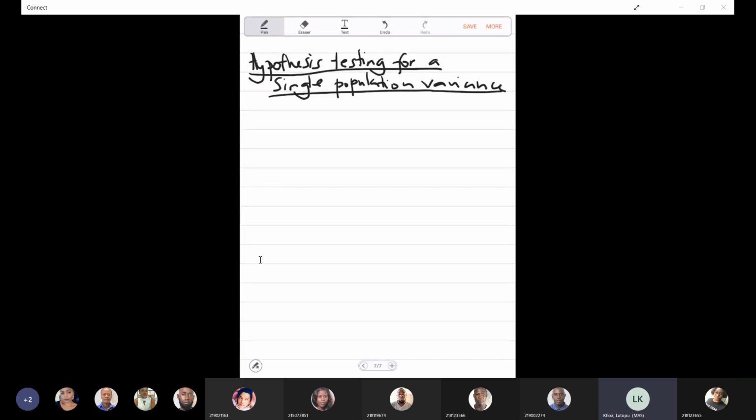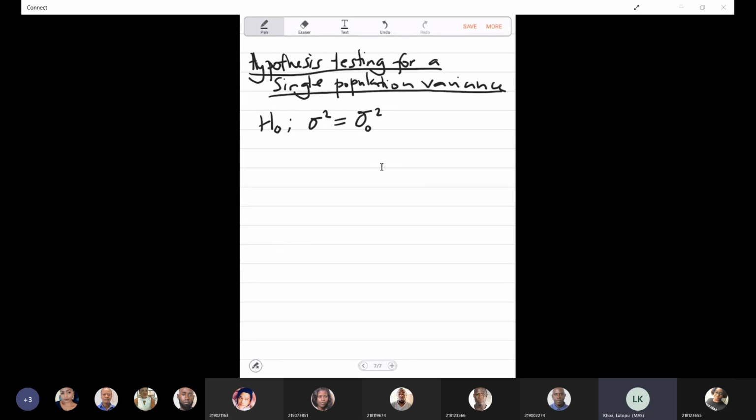Now the only difference is here our null hypothesis is always going to be the one that stays equal to. So our H naught is always sigma squared is equal to some hypothesized value.